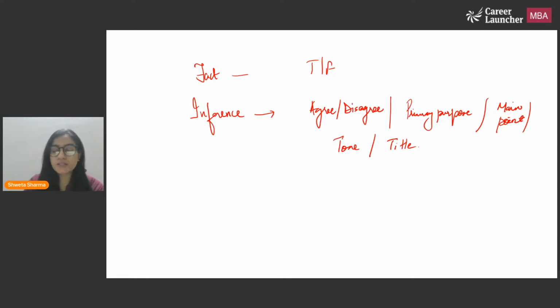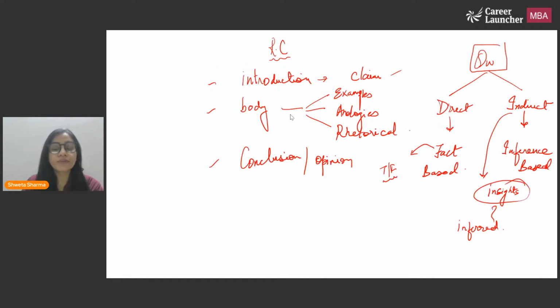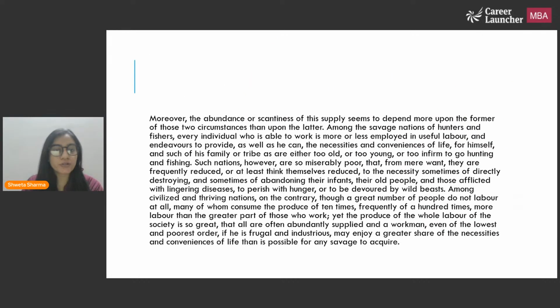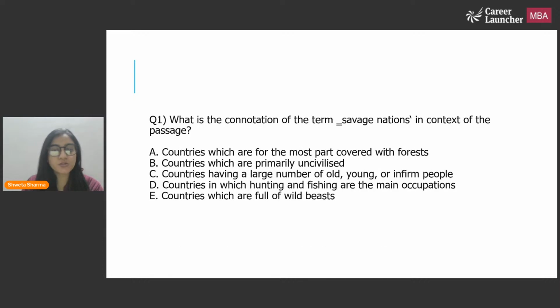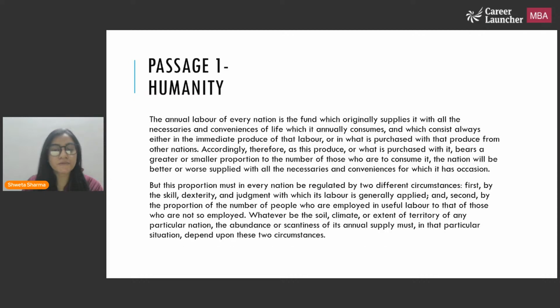So to entail these different question types, we have good passages for you to solve. Let me just take you back to the passage and then we'll try to solve the question. Would you like to have a look at this passage? It's really interesting, and at the same time, a really tough passage. And then we'll be having a look at the options.